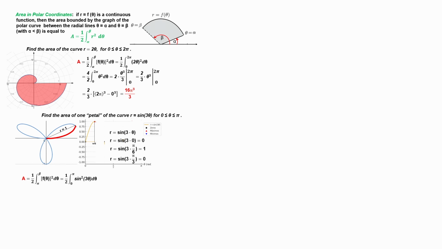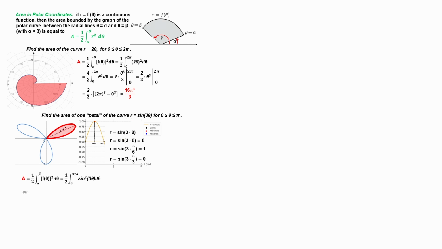So, as theta increases from 0 to pi over 3, the radius r grows from 0 to 1 and then shrinks back to 0. This single sweep traces out one complete petal. Therefore, the integration limits for finding the area of one petal are 0 and pi over 3.